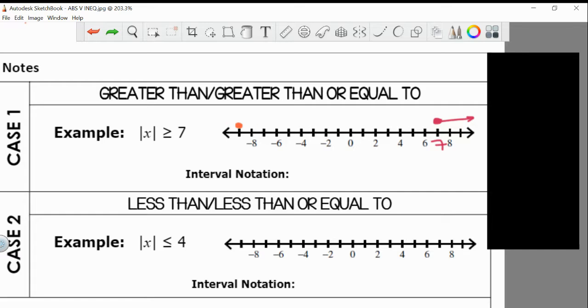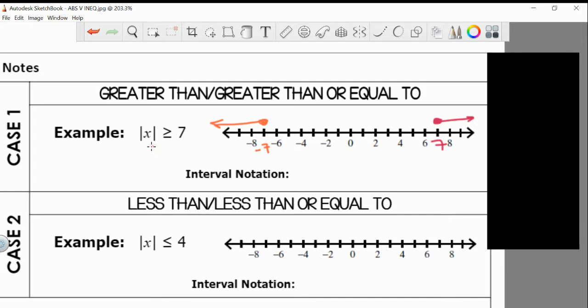And so we end up with a graph that looks like this. We end up with a graph where you have two regions that work, and just like before, two regions coming from two different answers. We're going to solve this very similarly, okay?